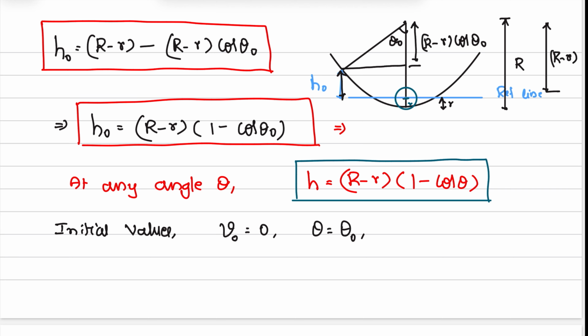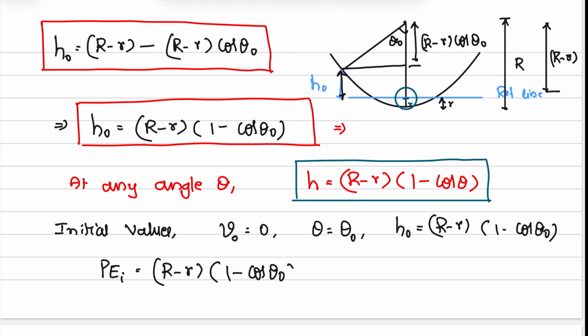And what is h naught? h naught is equal to (R minus r) into (1 minus cos theta naught). What is the initial potential energy? Initial kinetic energy is equal to 0 because initial velocity is equal to 0.